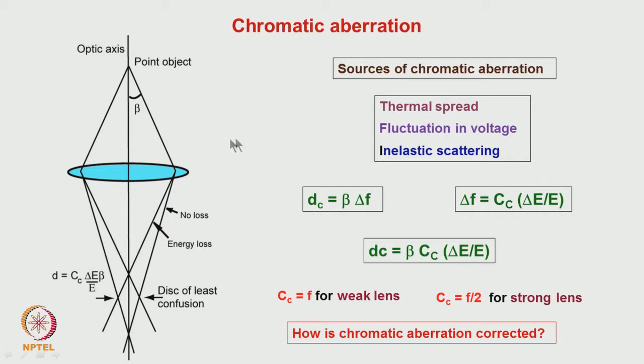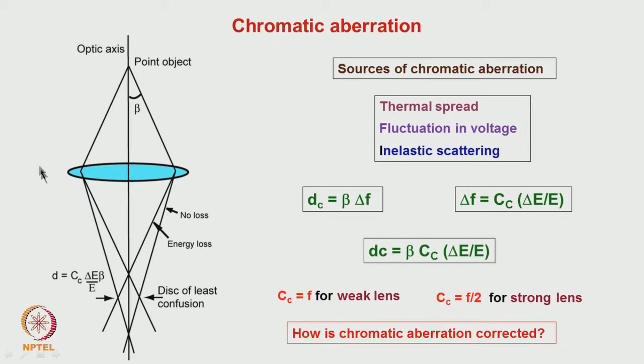For electrons, the only way we can do it is that we can make the power supplies such that the fluctuation in the voltages is so small, a highly stable supply. The thermal spread, we can reduce by going for a field emission gun, and then we can make the sample as thin as possible, so that the influence of inelastic scattering on the chromatic aberration could be reduced.